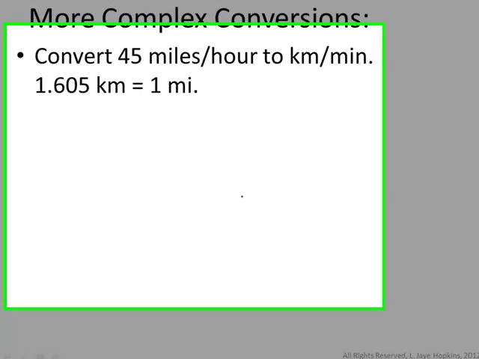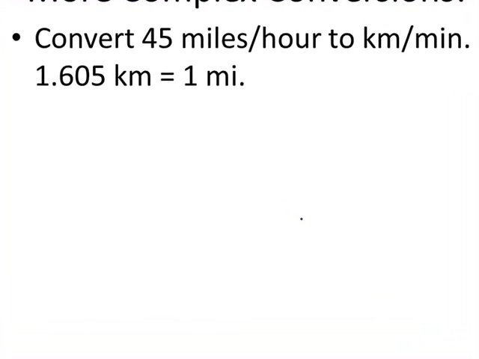An example is if I have to convert 45 miles per hour to kilometers per minute. Notice that here I have 2 different units in my unit conversion. I have 45 miles per hour. So miles is a unit and hours is a unit. Let's start by writing down the information that we have and then look at how we can go about solving the problem.